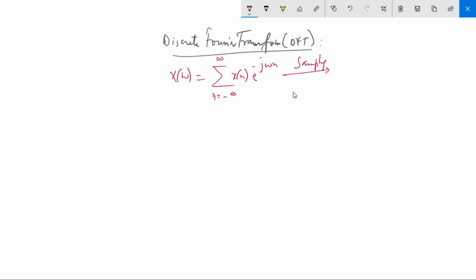We have sampled the spectrum of x(n) between 0 to 2 pi, and we have taken N equidistant samples between 0 to 2 pi. So we got its samples as X(2 pi k by N).